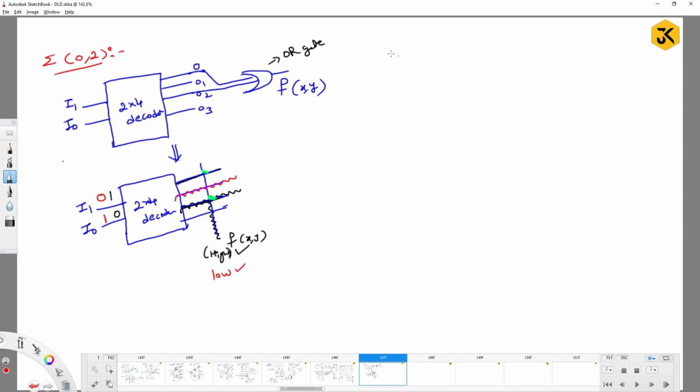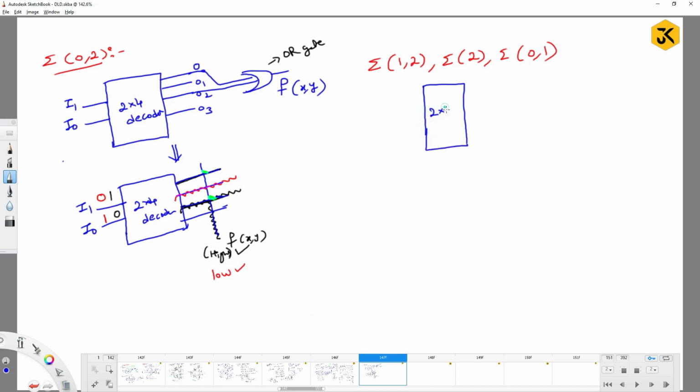Suppose I want to construct 3 functions: minterms of 1 comma 2, minterms of 2, and minterms of 0 comma 1. Can I implement them with the help of a single 2x4 decoder? Yes or no?